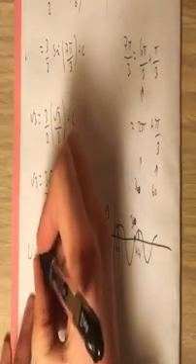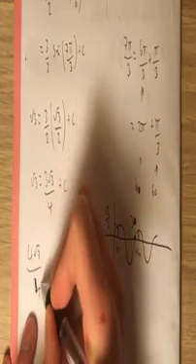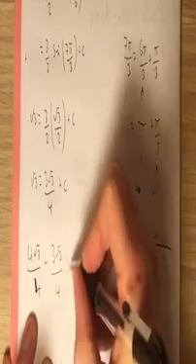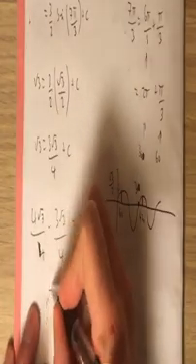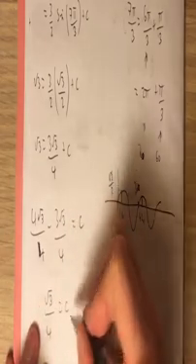Root 3 is 4 root 3 over 4, take away 3 root 3 over 4 is going to be c. I'm left with just root 3 over 4 is c.